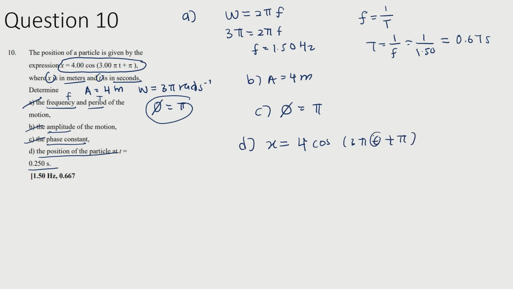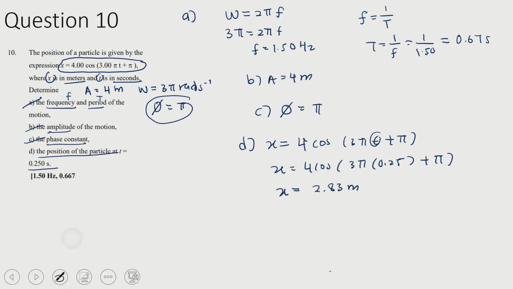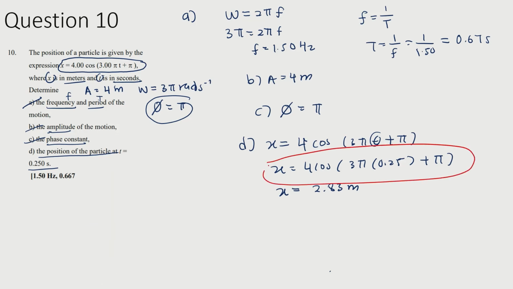We just substitute the t with 0.25 seconds, which will give you the answer of 2.83 meter. But you need to make sure your calculator mode is in radian.